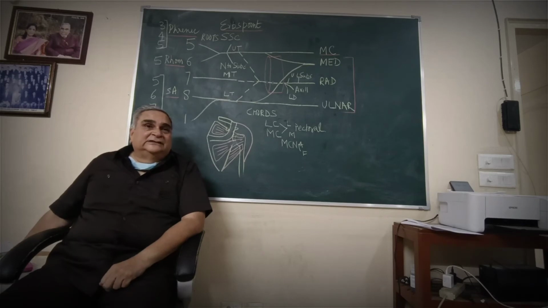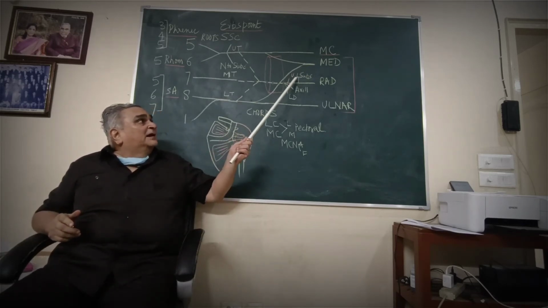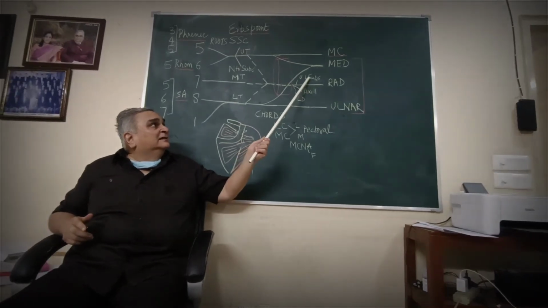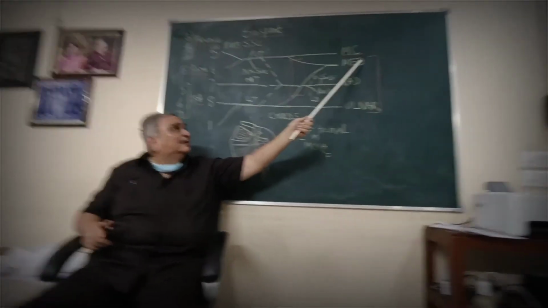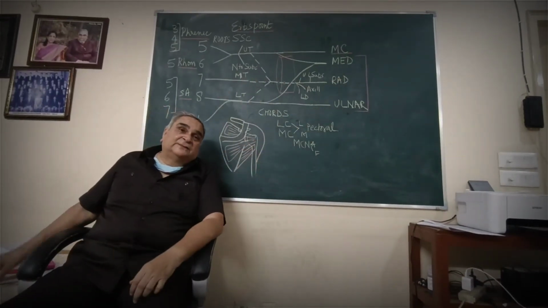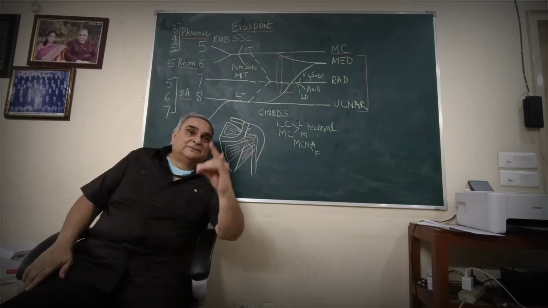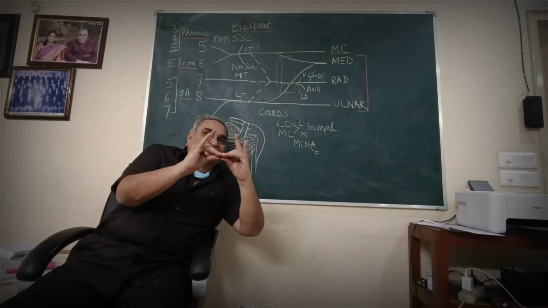Then the axillary nerve and the upper and lower subscapular, these are not tested, but we basically test the median, radial and ulnar in every case of upper limb injury. The simple test is the Indian dance position.